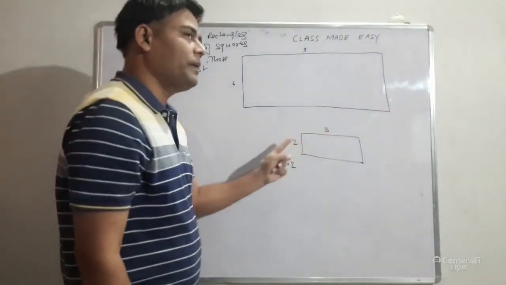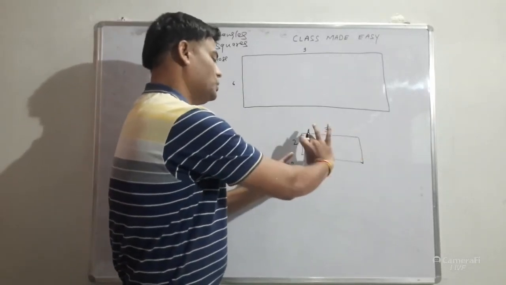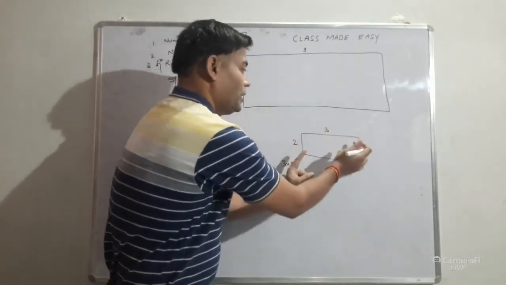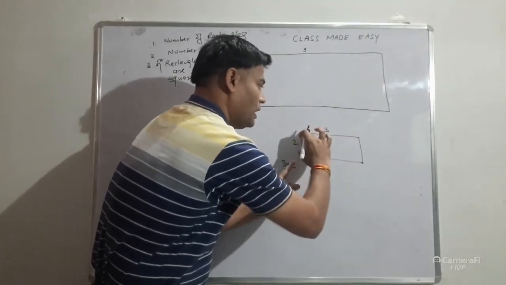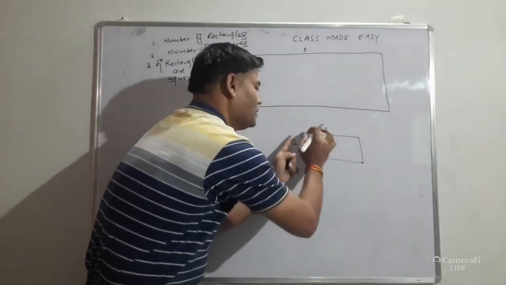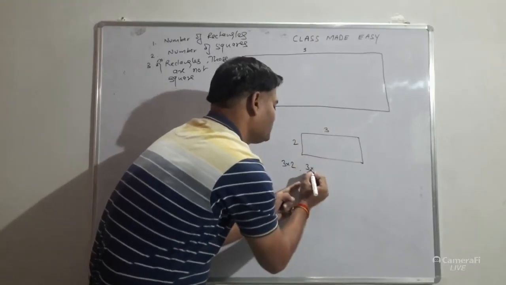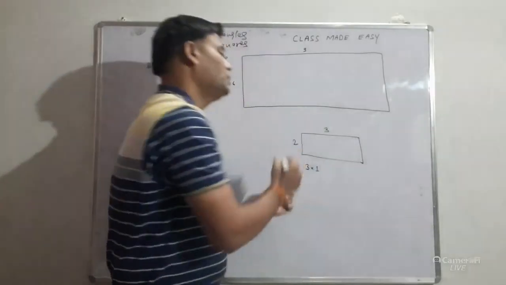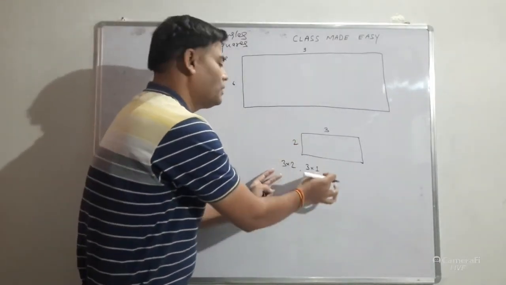That bigger one is 3 by 2. Keeping this 3, you can make 3 by 1. So if the length is 3, you can take the width as either 2 or 1.